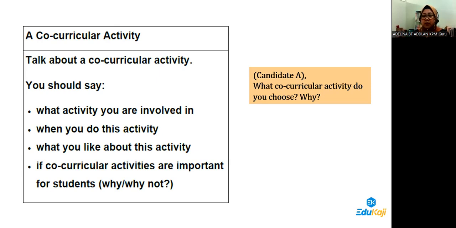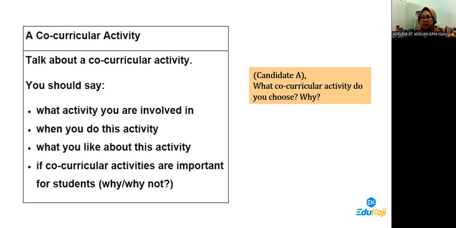So now when you talk about the activity that you are involved in, use a very simple sentence. The co-curricular activity that I am involved in is what? So if you are a very, very active member of the uniform unit, what is the uniform unit that you took part in? If you are KRS, then I'm involved with KRS in my school.